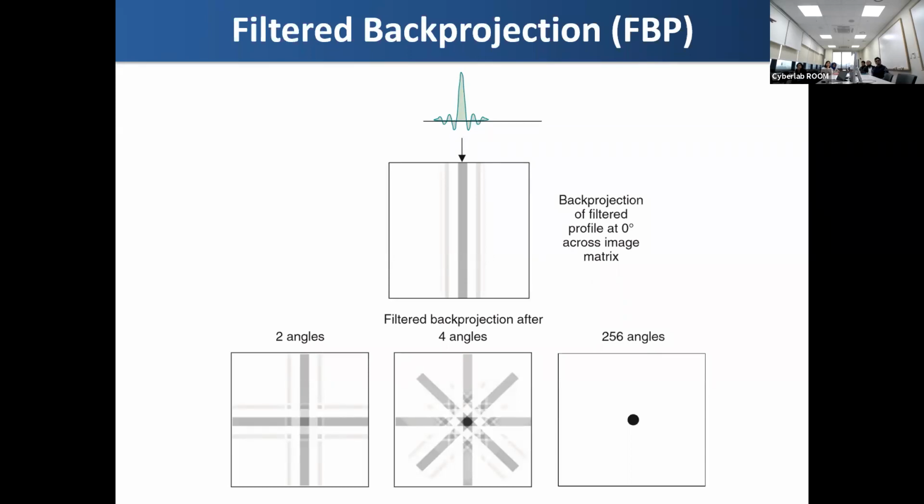Because of the high-pass filtering, the pixel intensity around the object will be corrected, and then we can generate a sharper image.